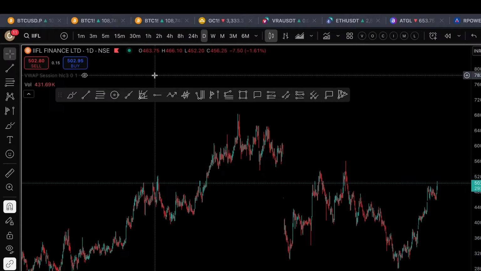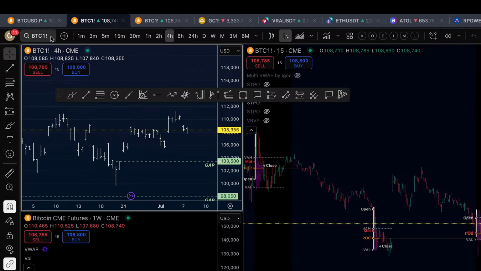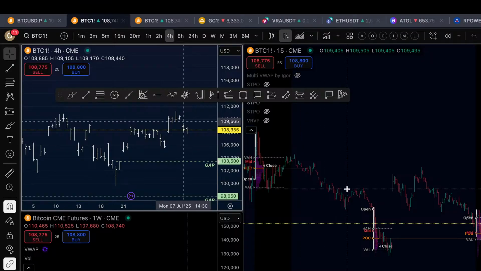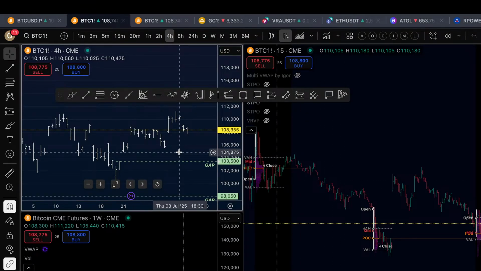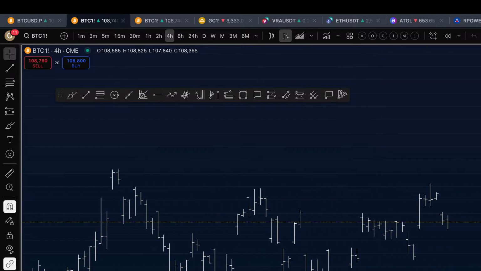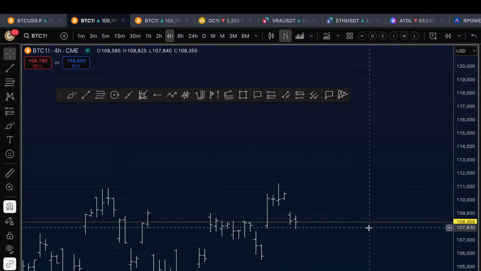Right, I forgot one thing on Bitcoin. I have important levels. I want to see what we're doing on the CME pair. We have a new gap.